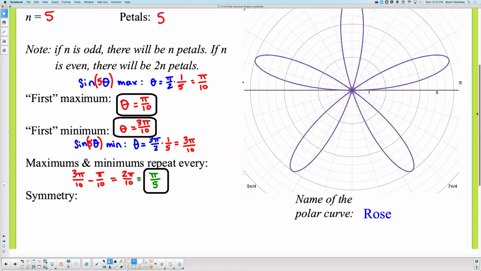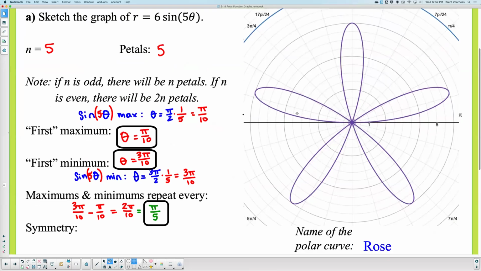Okay, take a look at the graph. What type of symmetry does this have? Is it symmetry with the x-axis, the y-axis, or the origin? Nope, nope, nope. None. Origin's if it's perfectly diagonal. That would mean if you drew a perfect line, I'll show you why it's not, here's the origin. If you took this one and you went straight through the pole, you should have a point straight across. Do I have a petal straight over here?